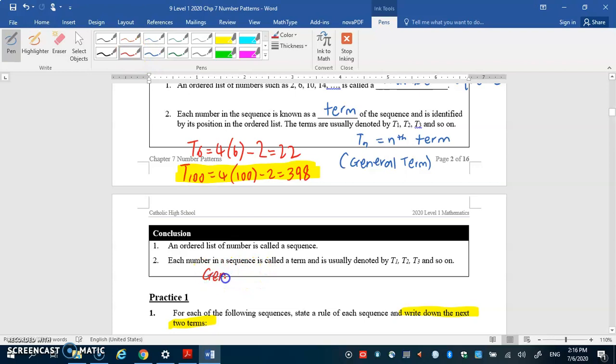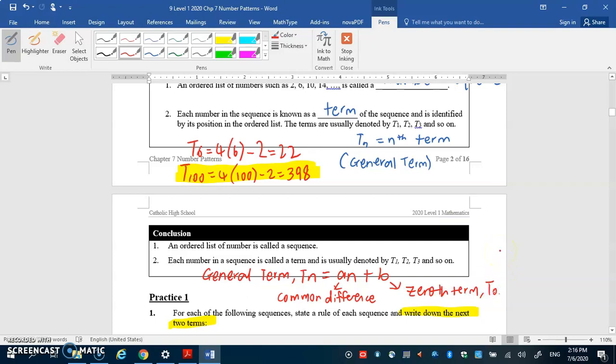General term: Tn is going to be equal to An plus B. So what is A? A is the common difference. In the example above, it was 4. And B is the 0th term, T0.